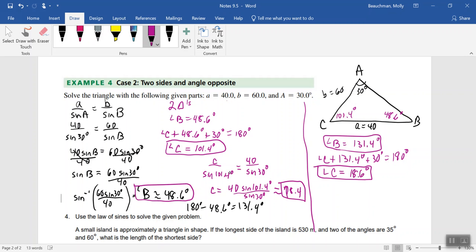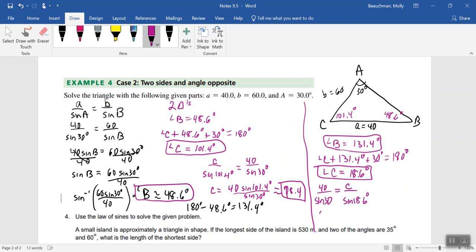Okay, now we find little side length C by using, let's see, we have A, which is 40 over the sine of 30 degrees is equal to little side c over the sine of 18.6 degrees.